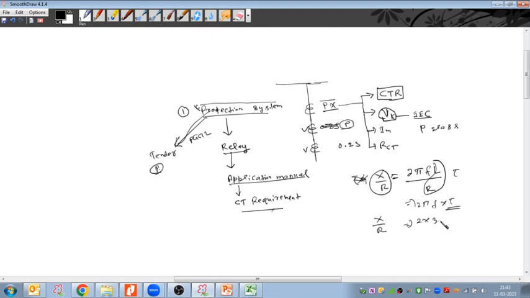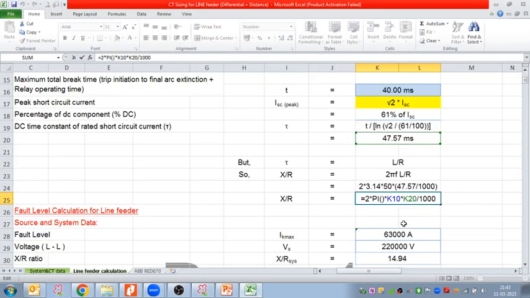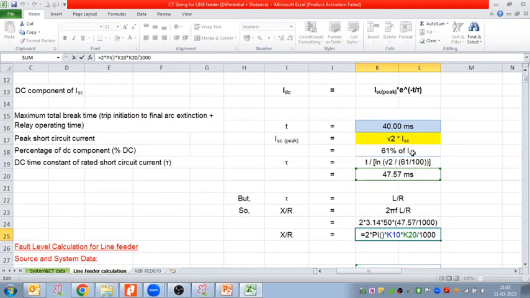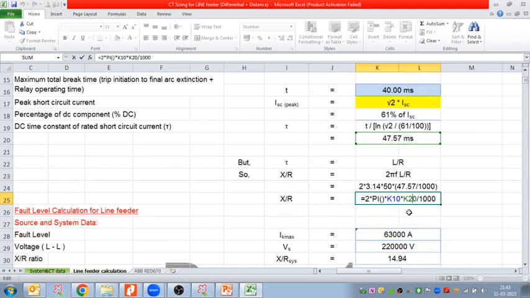So 2 into pi 3.14 into frequency 50 Hz into 47.57 millisecond, which you calculated, right? This is how we can find the X by R: 2 pi f, where frequency is 50 Hz, into your tau of 47.5 millisecond divided by 1000 to convert into seconds.